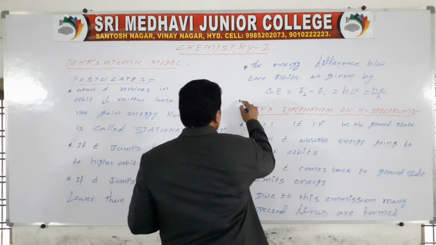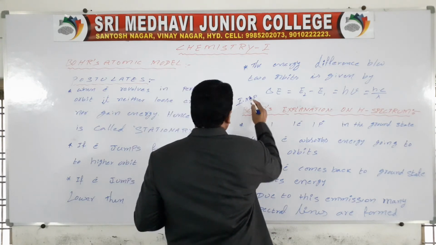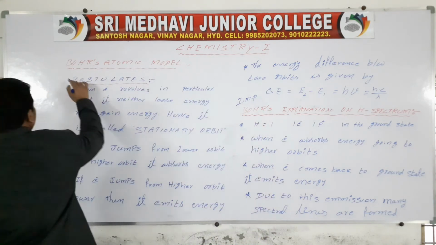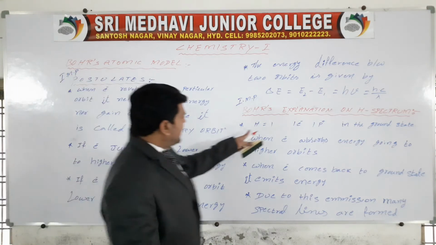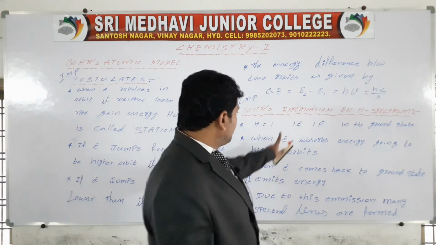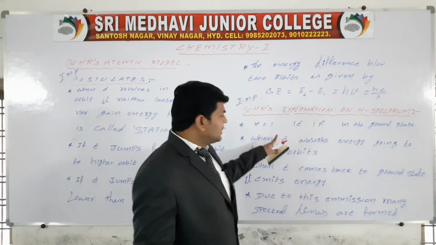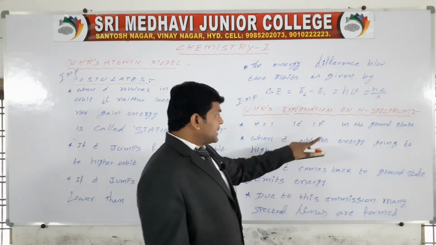So this is important, and postulates are also important for 8 marks. Hydrogen atom has 1 electron and 1 proton, and its atomic number is 1, in the ground state.